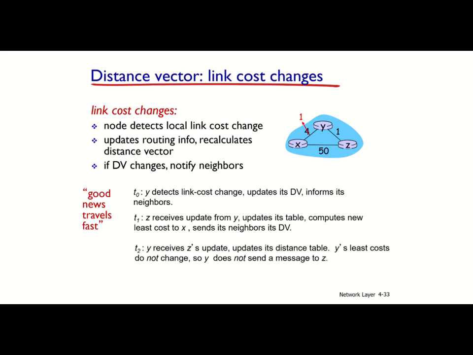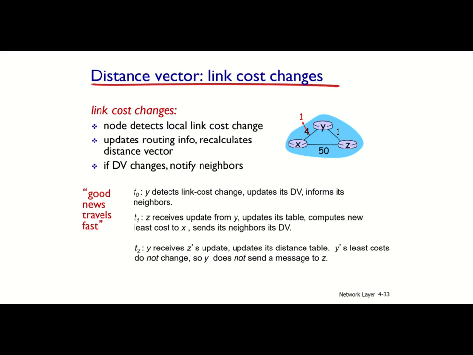So after one or two iterations, the link cost change will affect the distance vectors, and the distance vectors will get updated successfully after a few iterations of the distance vector message exchange process.